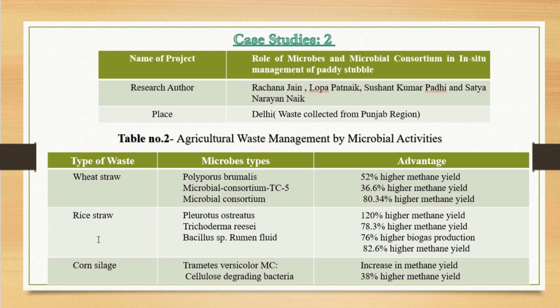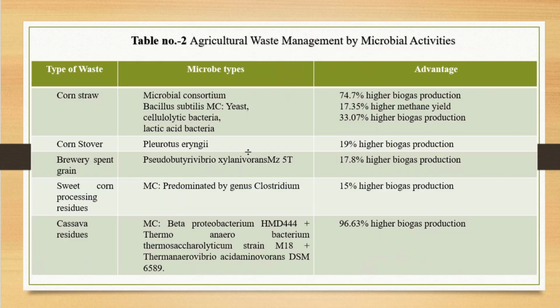When they treated this type of waste with this type of bacteria, the result is 120% higher methane yield. Second one is 78.3% higher methane yield, 26% higher biogas production, 82.6% higher methane yield. All the results were calculated as following. This type of waste is treated with different types of bacteria, and the result is following.